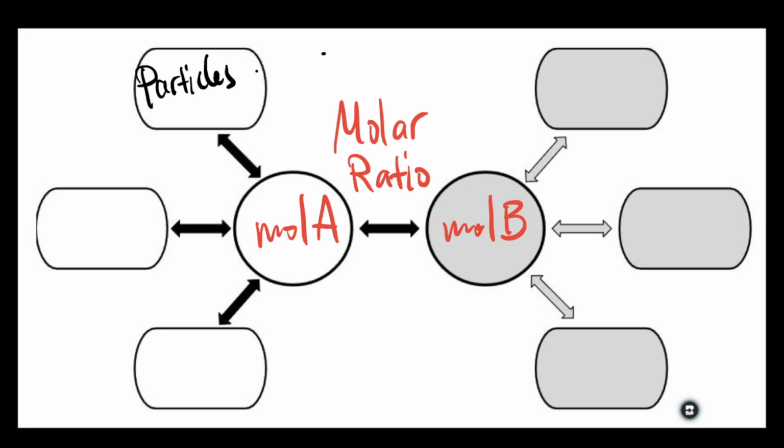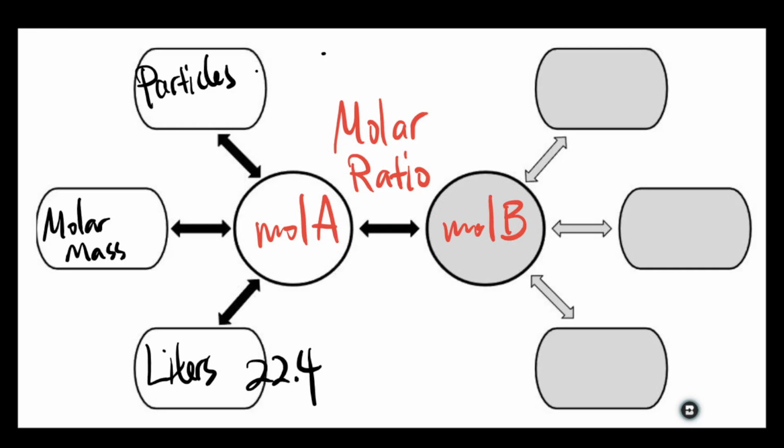Over here we have the mass, atomic mass or molar mass, and then we have liters. So liters is always 22.4. Particles is always the Avogadro's number, 6.02 times 10 to the 23rd power. Then molar mass is different depending on which type of chemical it is. So you got to check on the periodic table in grams.